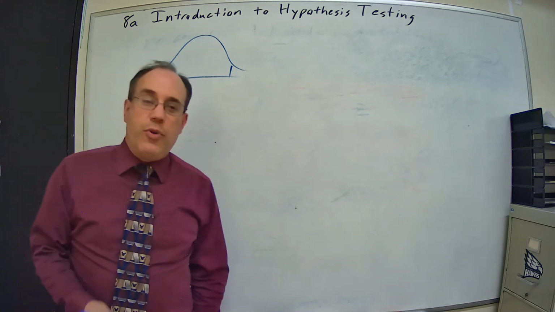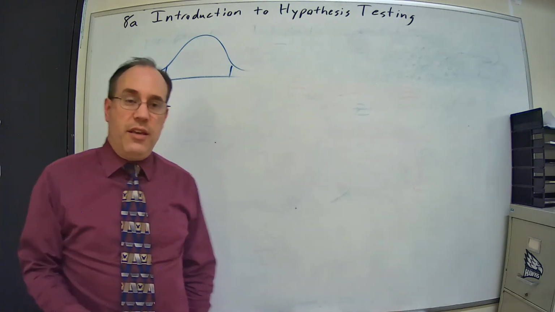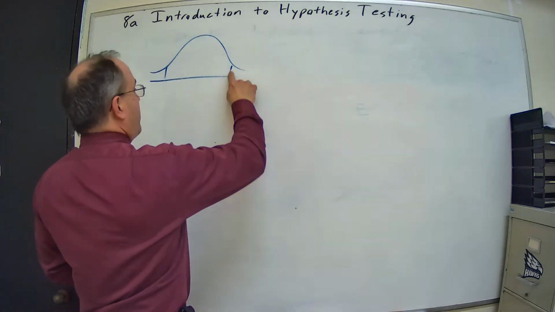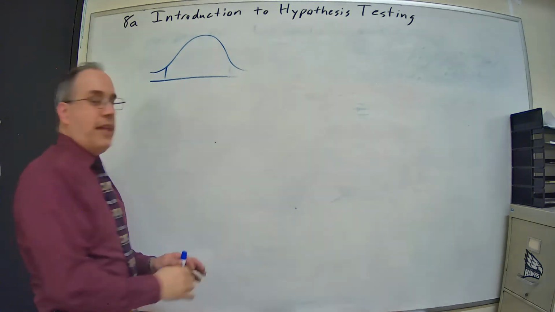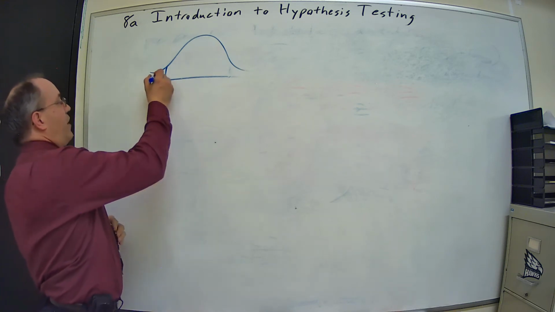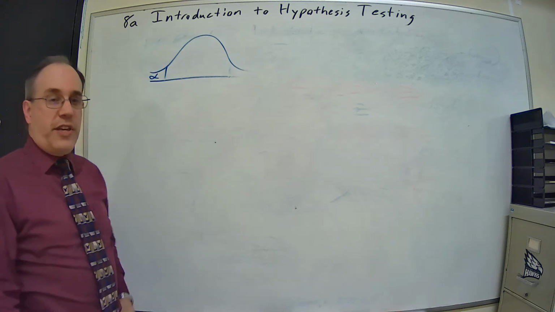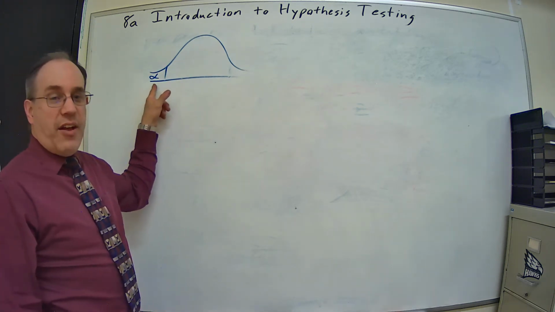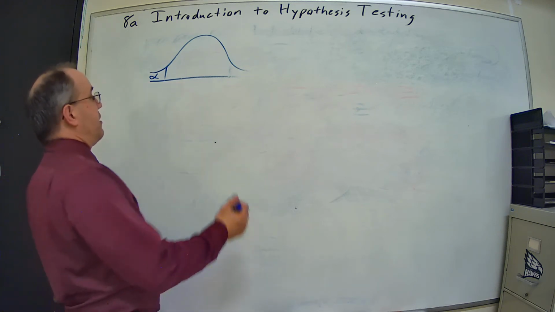Well, when we're dealing with hypothesis testing, we can have a left-tailed test, where you have this area here, and then alpha, our significance level, is in that tail. So that's a left-tailed test.